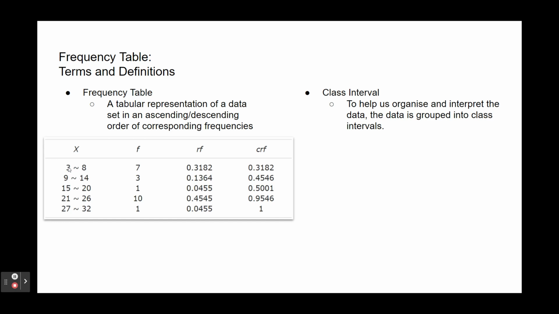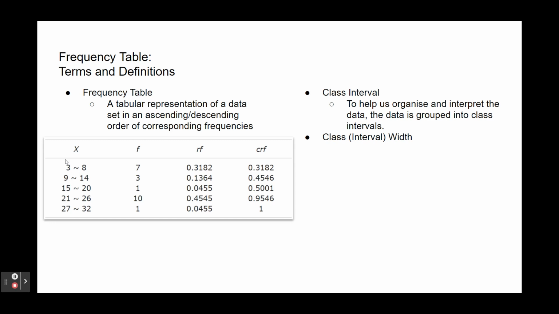If we list out every possible value in ascending order, the table gets too long. That's the reason we group those numbers into 3 to 8, 9 to 14, etc. And the next question is how we decide this interval width.